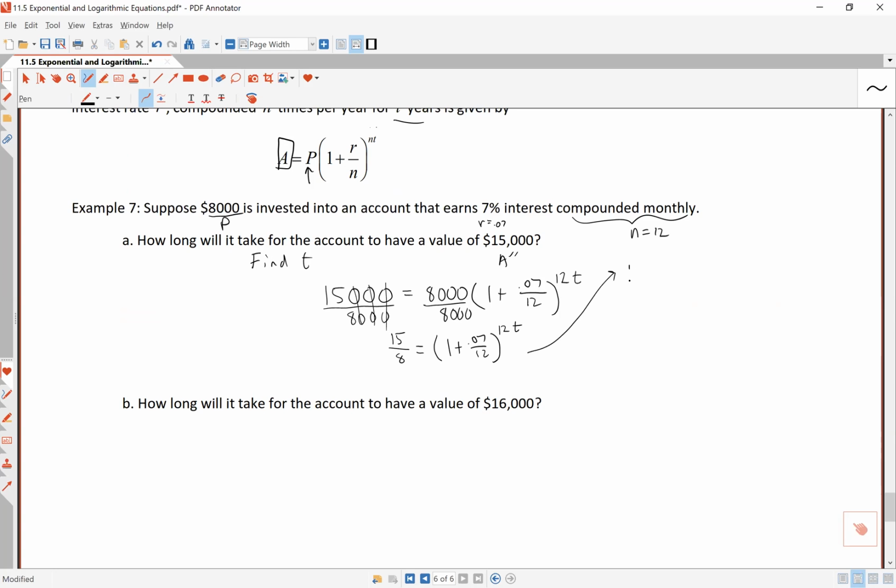So that says that 12t is equal to the log whose base is 1 plus 0.07 divided by 12 of 15/8.